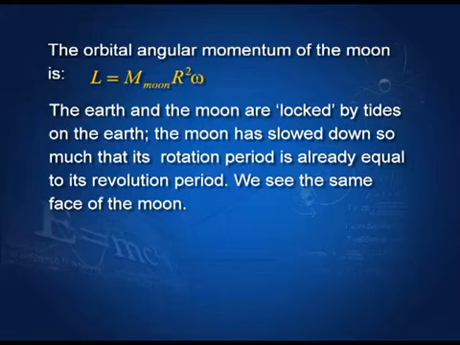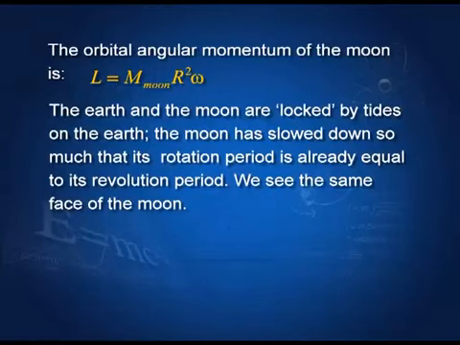Moon has slowly slowed down in rotation, and today the time period of rotation of the moon is the same as the time period of its revolution, so that we see the same face of the moon all the time. Now, that means that because of this locking, because the moon is now facing the same face towards us all the time, there is no scope in the change of angular velocity.